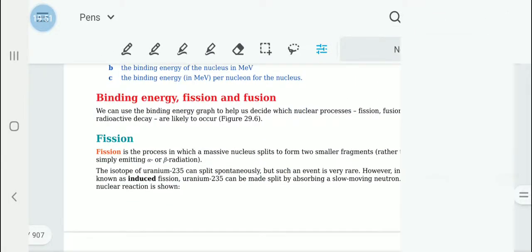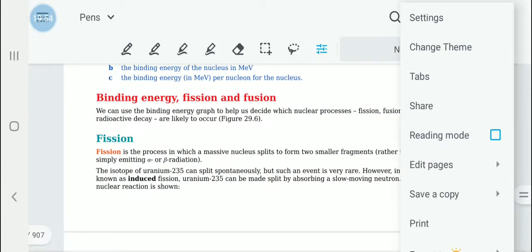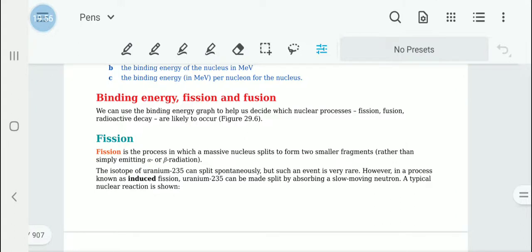Binding energy, fission and fusion, write down. In determining which nuclear process, fission, fusion, or radioactive decay, is likely to occur, we can use binding energy graphs.